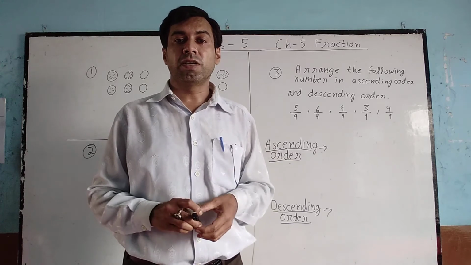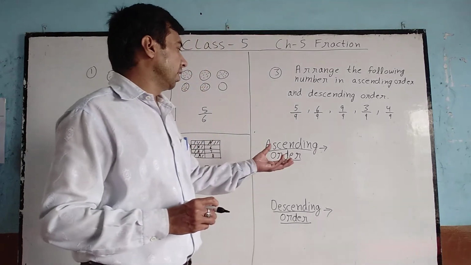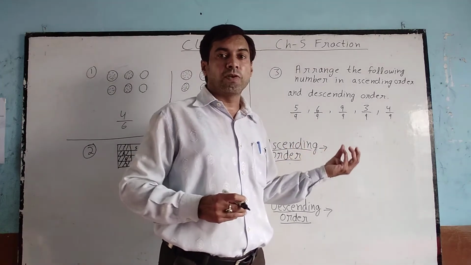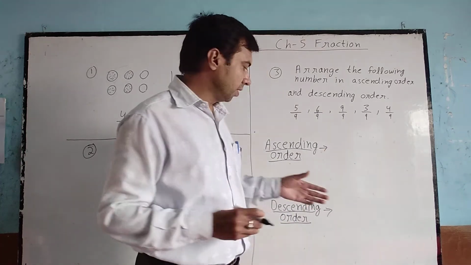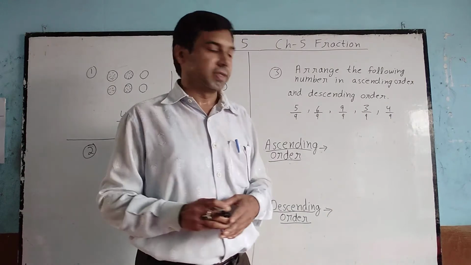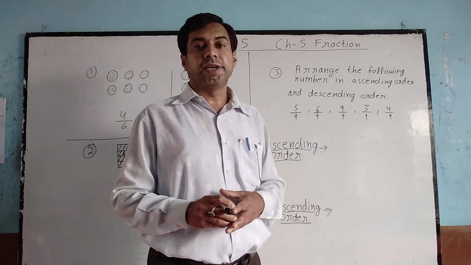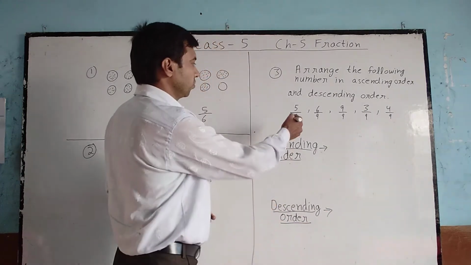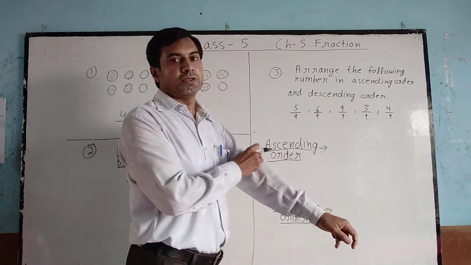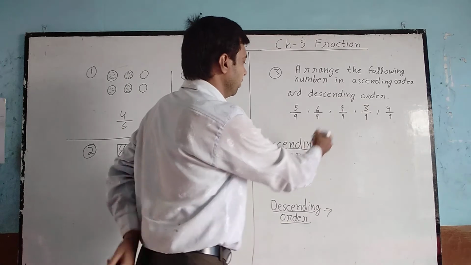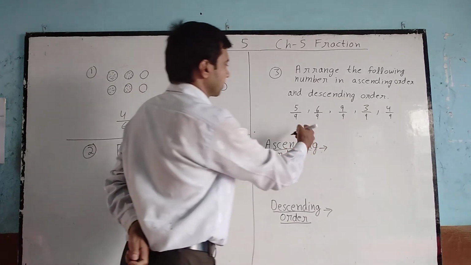What is ascending order? When we start from smaller to bigger, that is ascending order. When we start from bigger to smaller, it is descending order. So 5 by 9, 6 by 9, 9 by 9, 3 by 9, 4 by 9. What do we have to do? We have to write in ascending order.